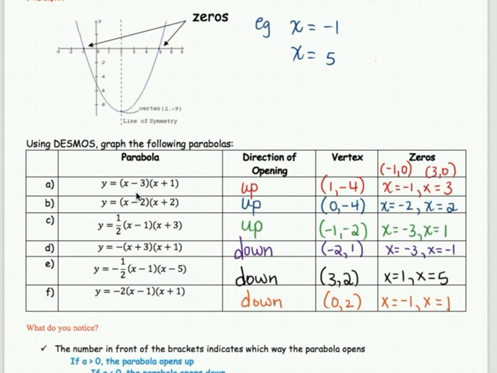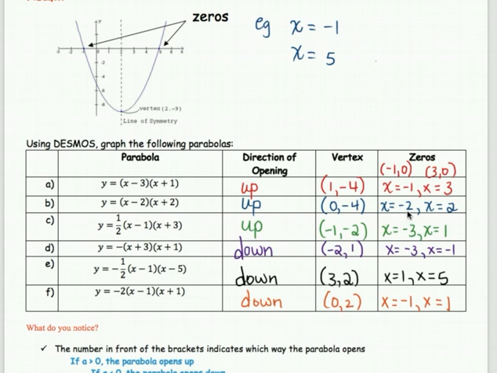So if we're taking a look here, we have x minus 3 and x plus 1, which is the same as negative 1, positive 3. So halfway between those two values is positive 1. And that's what we're noticing here.